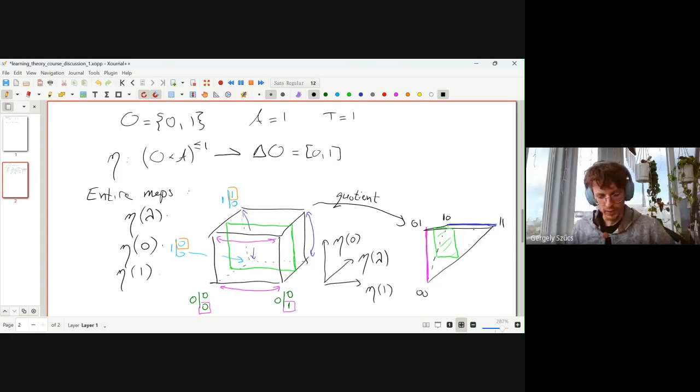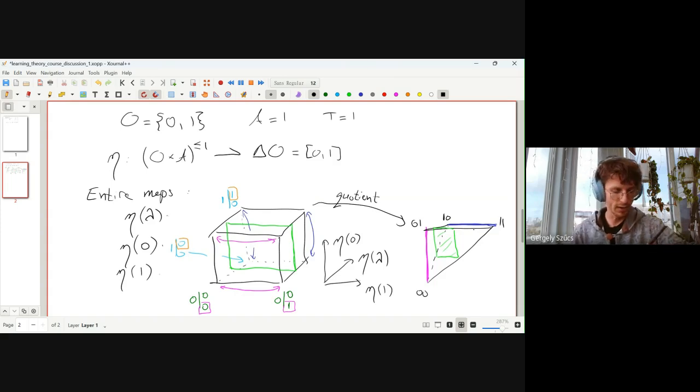Yeah, that is a good point. I guess the dimension itself is preserved under this quotient because it's a homeomorphism on the interior. The vertices are not defined topologically, so maybe the question was a little sloppy in that way. But in light of question 2, it was a well-defined thing, because question 2 puts a convex structure on this space, and then we can talk about the vertices of it as a polytope.